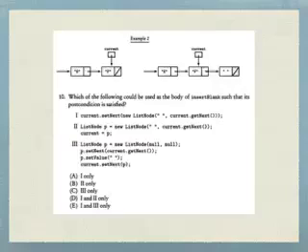Which of the following could be used as the body of insert blank such that its postcondition is satisfied, which means that it will insert the correct element into the linked list. Okay, there are 3 choices.